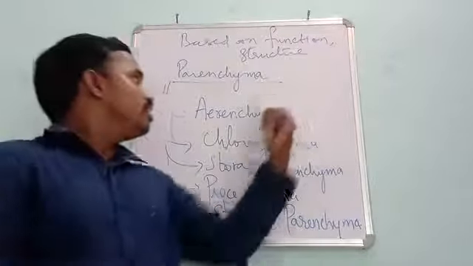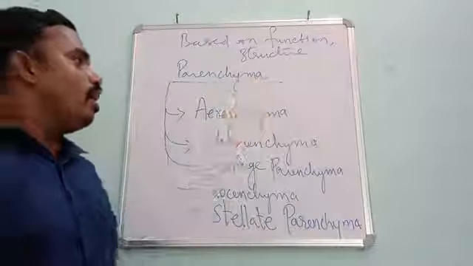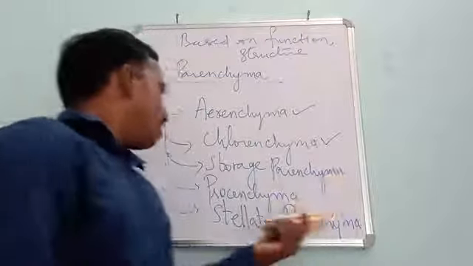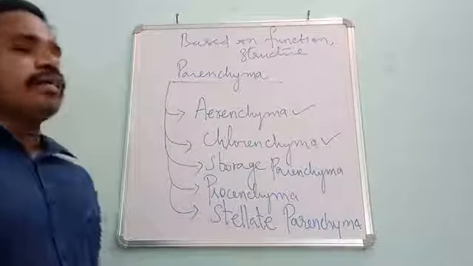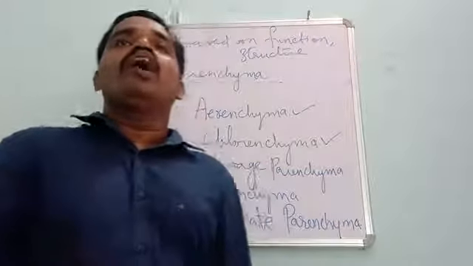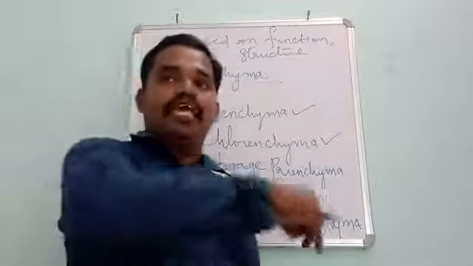So these are the different types of parenchyma: chlorenchyma, storage parenchyma, stellate parenchyma and others. Parenchyma changes its position and role according to the need of the plant.